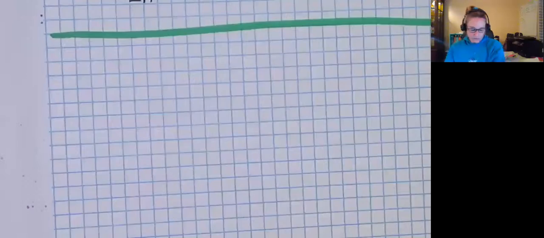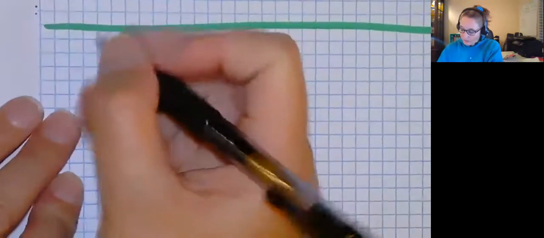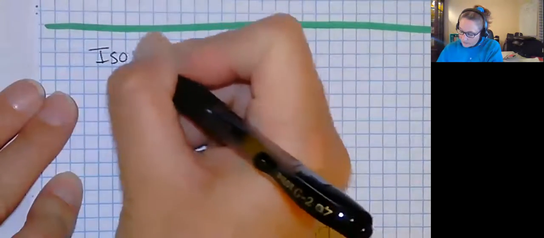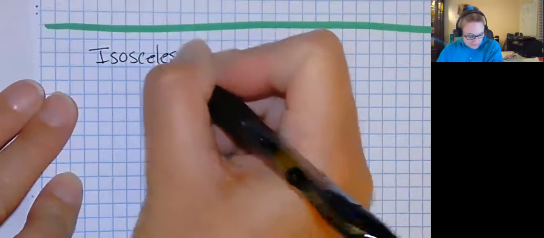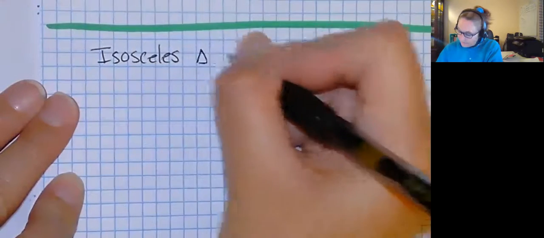This next video is going to be isosceles triangle, exterior angle theorem, and our similarity triangle theorems. So isosceles triangle. Isosceles triangle theorem.